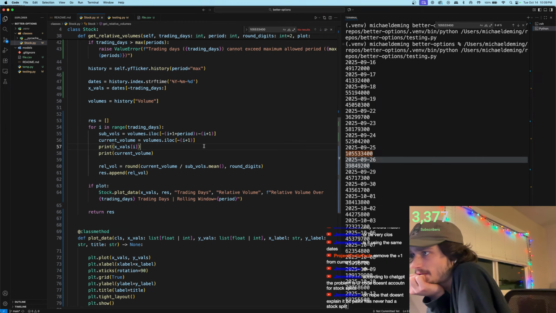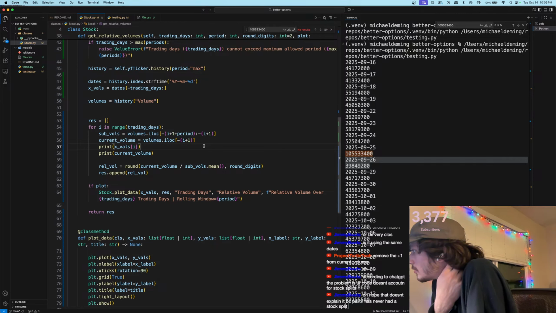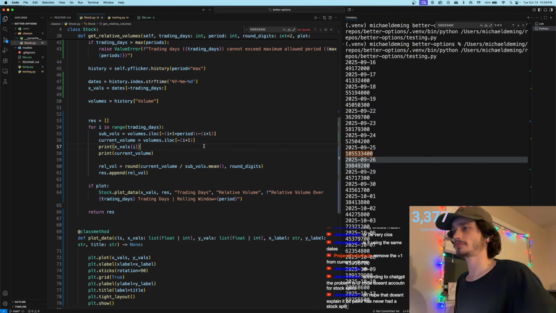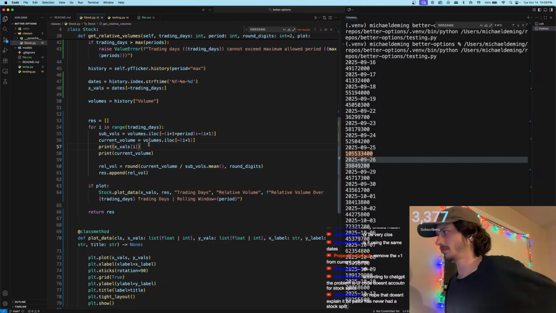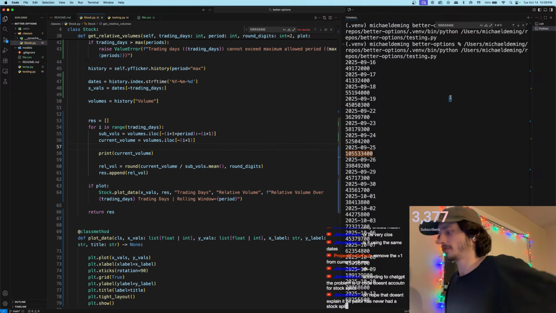So the current day is, i will go from 0 to 19, negative 20 through negative 40. Just print the current volume.